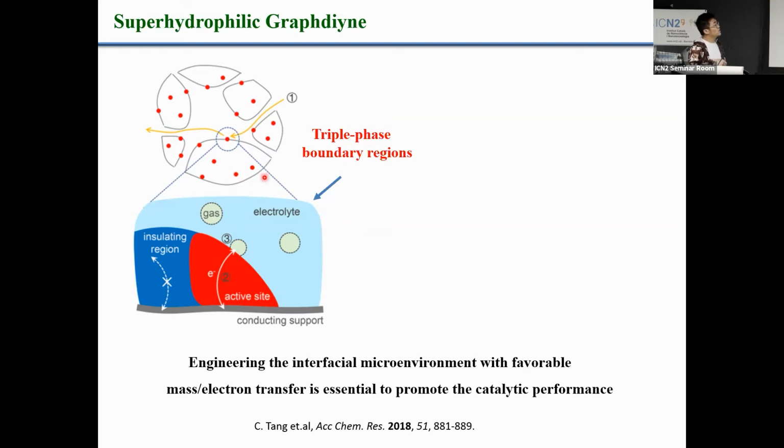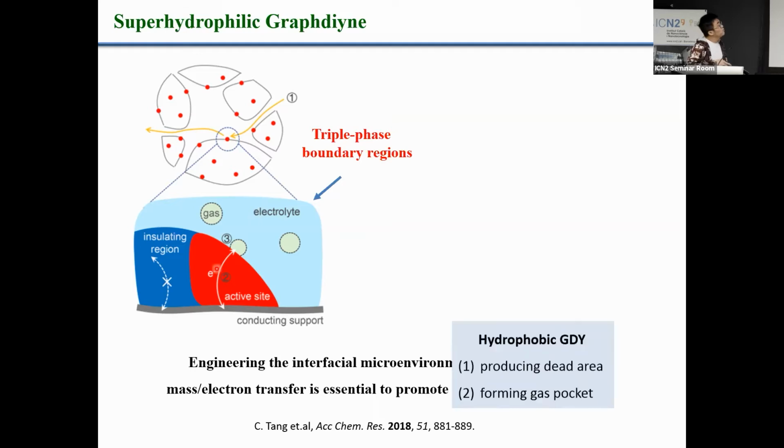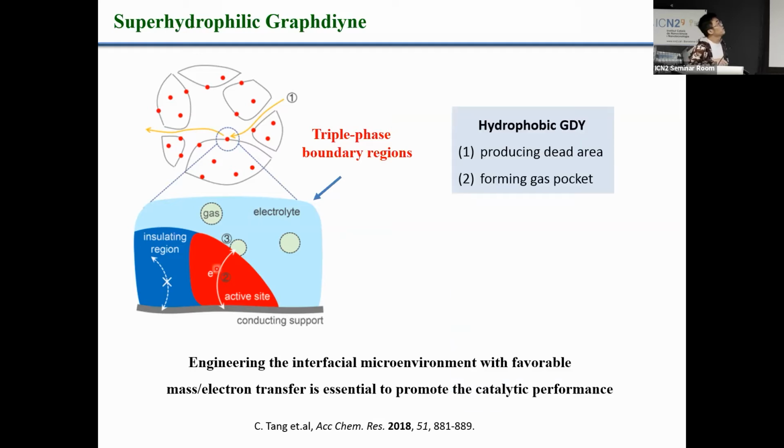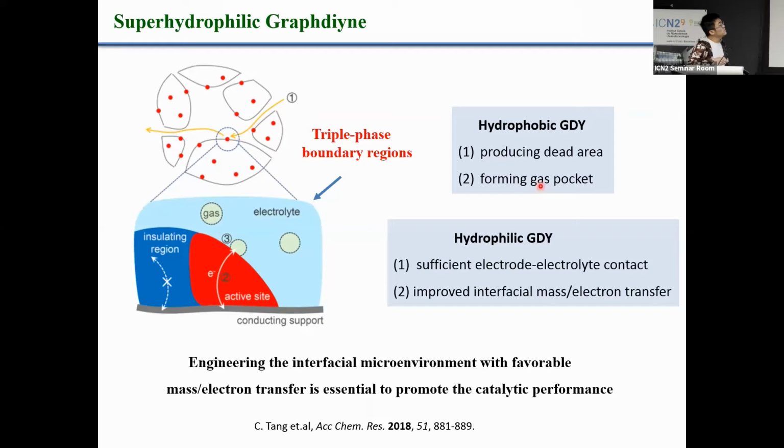But we know graphene is hydrophobic because it only contains carbon. This hydrophobicity is not good for gas-involved reactions because it usually produces dead areas and forms gas pockets. So we wondered if we could change the hydrophobic graphene to superhydrophilic graphene, maybe we could improve the activity largely.